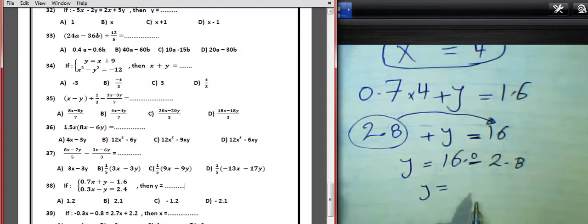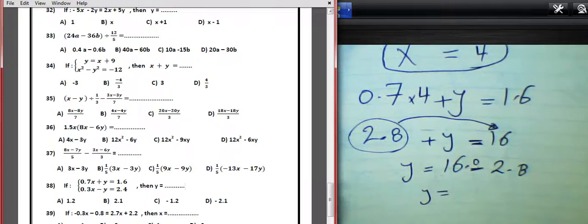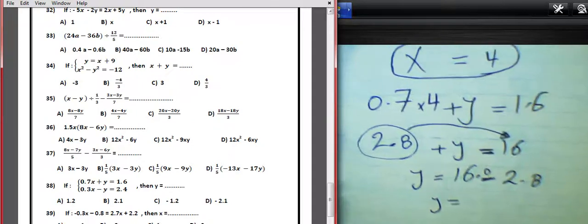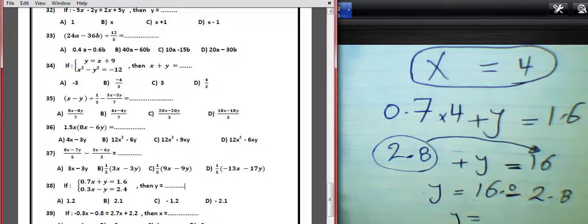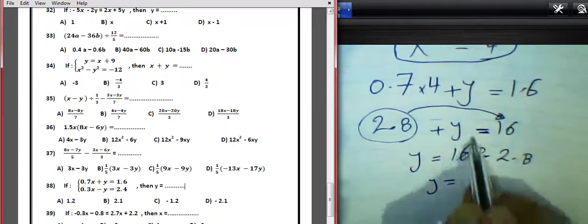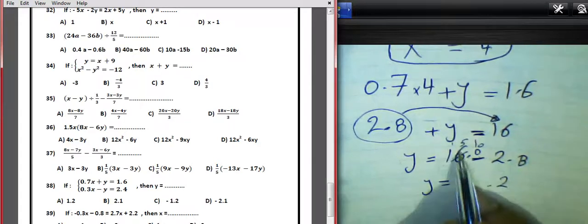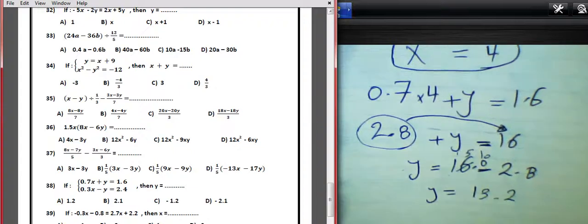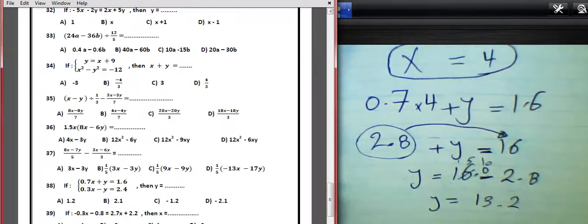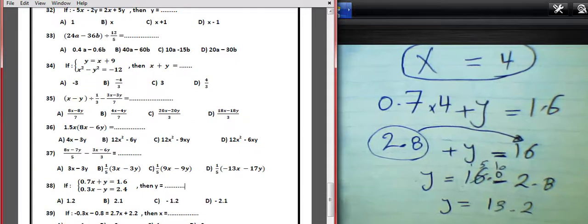We must equalize the digits. 0 minus 8, we can't find the result, so we must borrow 1 from 16. 16 will be 15, and 0 will be 10. 10 minus 8 equals 2. 5 minus 2 equals 3, and we write 1 here. So the result will be 13.2. It is the value of y for question 38.